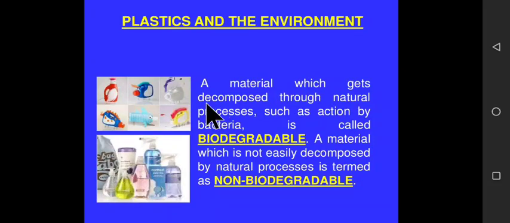Now the next topic is plastics and the environment. Let's try to understand what is a biodegradable substance and what is a non-biodegradable substance. A material or substance which gets decomposed through natural processes, such as by the action of microorganisms, is called biodegradable.